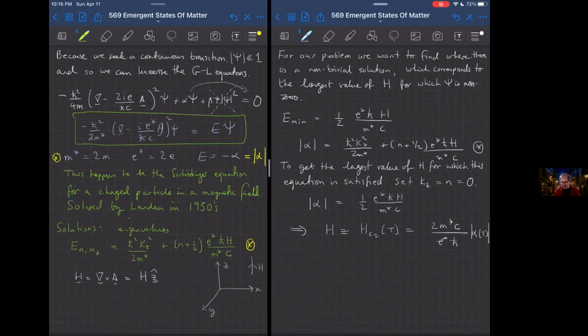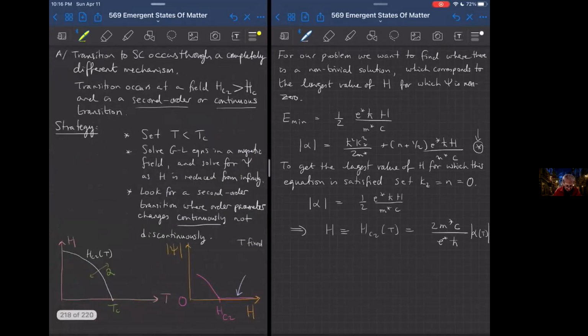Then I want to find the largest value of h that satisfies the equation on the right-hand side. And so I have to set kz and n equal to 0. And then the formula that I've written down at the bottom here tells me, for that value of t, the largest value of h for which I can get a solution of this equation. And that largest value of h is by definition what we mean by hc2, because this is the largest value of h for which I have superconducting solutions.